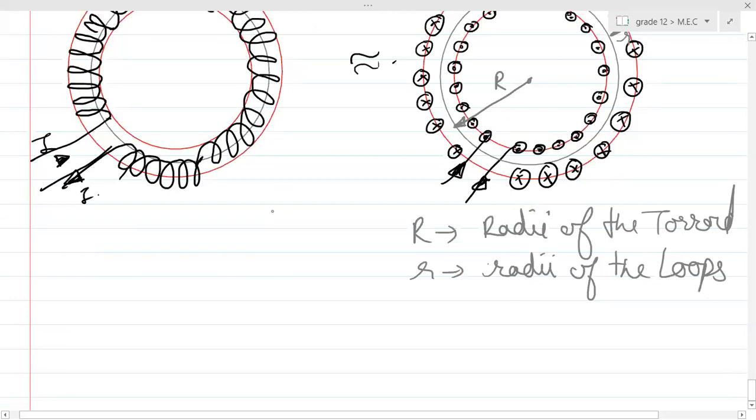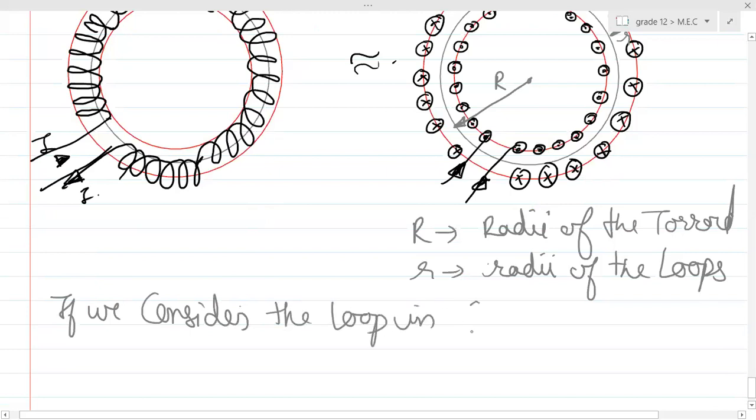So basically, how do you find out the magnetic field? How do you find out the magnetic field if we consider the loop in gray, which is inside the solenoid, which is inside the toroid?